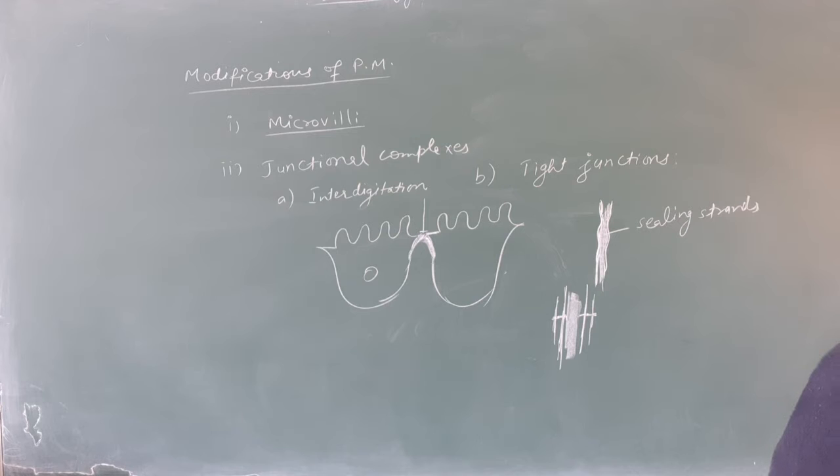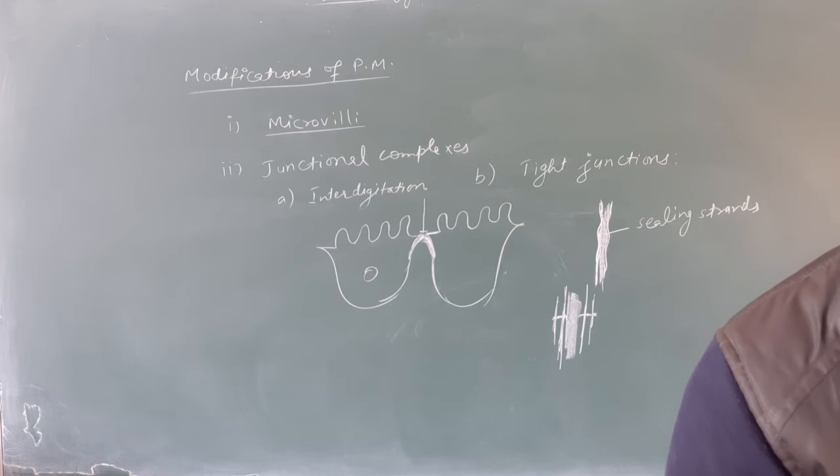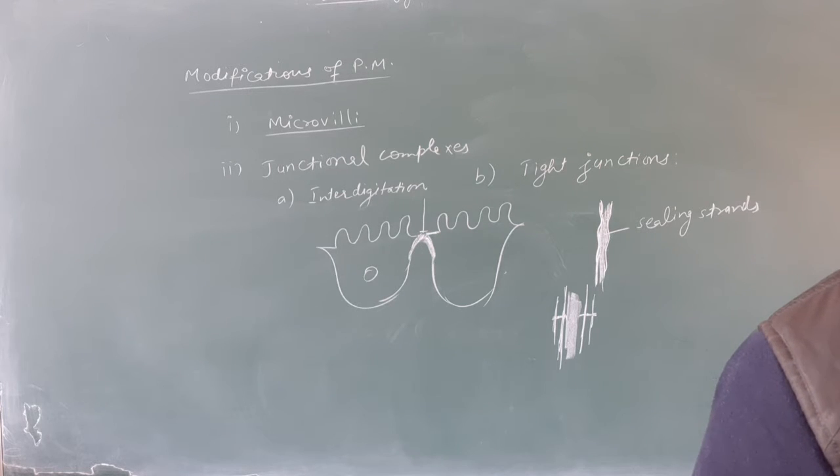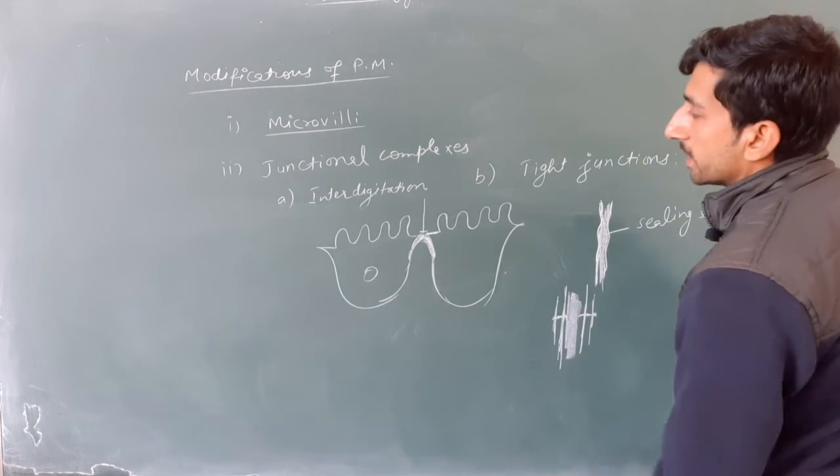Next type of junctional complex is desmosomes. So there are several types of junctional complexes. The third one is desmosome.